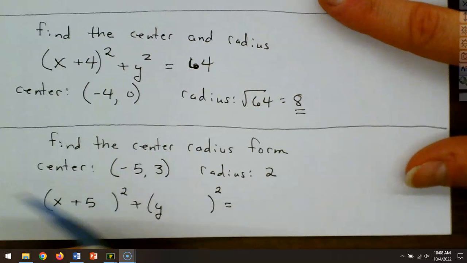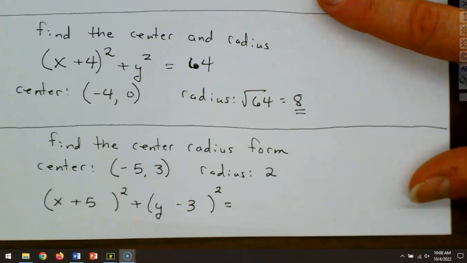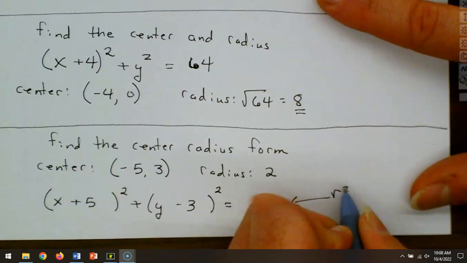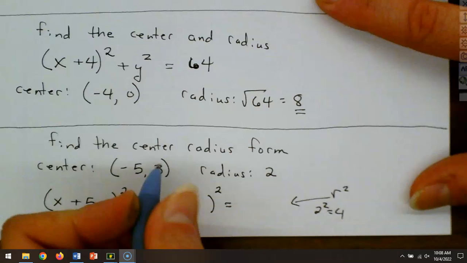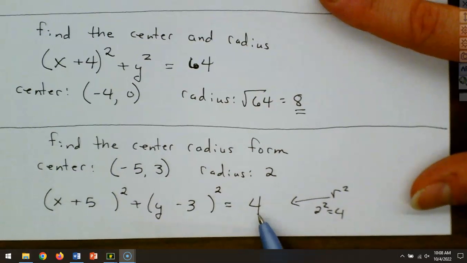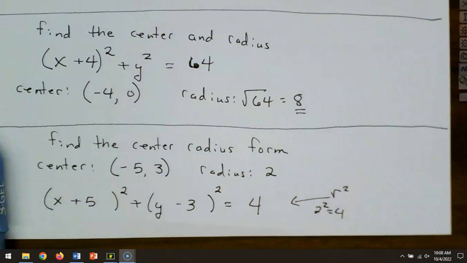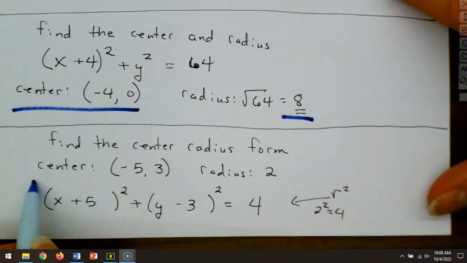And the y, instead of it being a +3, is going to be a -3. Now, this is r squared, not just r. So that's 2 squared, which is then 4. So you're going to have 4 there because that's your 2 squared. And that is your answer now in center radius form.